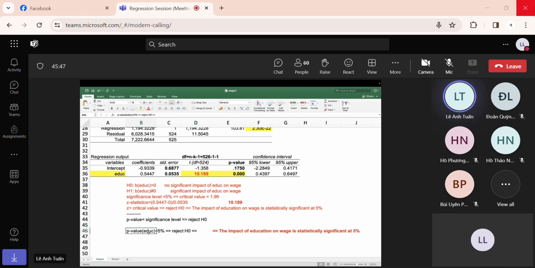You just compare the p-value and the significance level, and then we know whether we reject or fail to reject the null hypothesis. If the p-value is smaller than the significance level, we say the impact of education on wage is statistically significant at 5%.